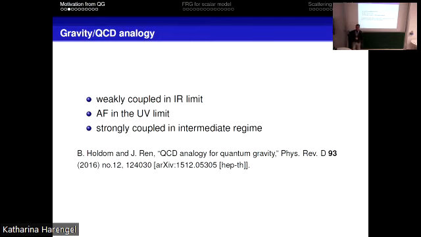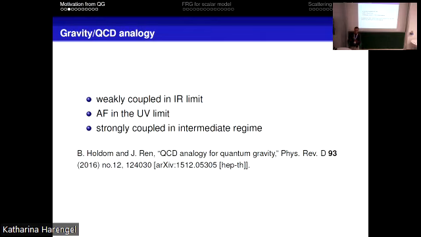In QCD, we have asymptotic freedom in the ultraviolet, so the theory is weakly coupled at very high energy. And at low energy, strong interactions are described by the chiral model of pions, which is a theory which becomes free in the infrared. It's weakly coupled at very low energies.